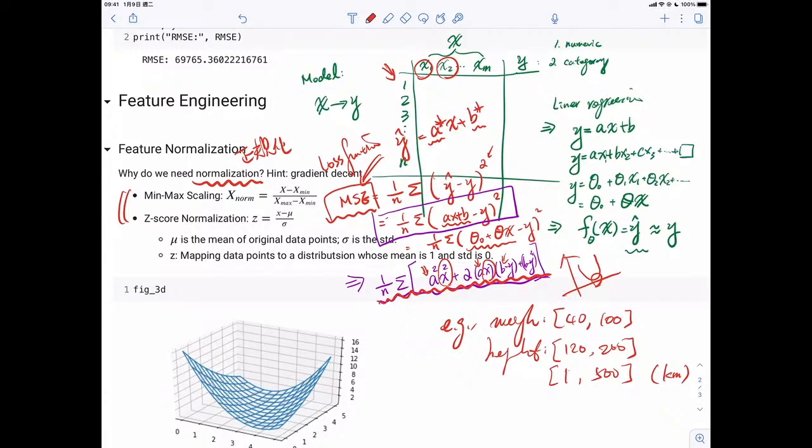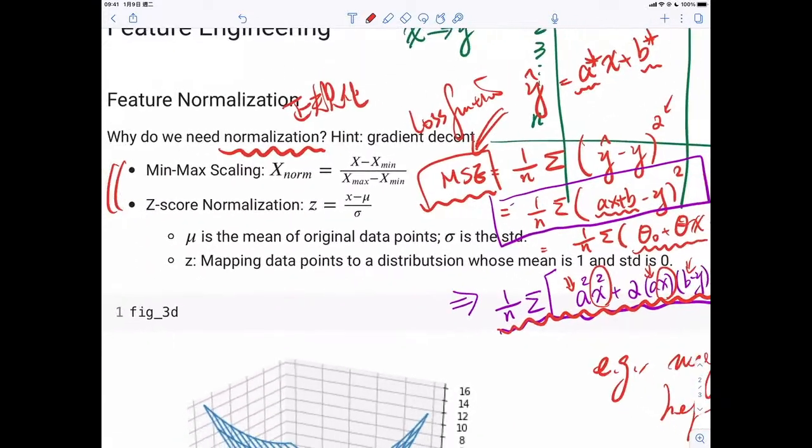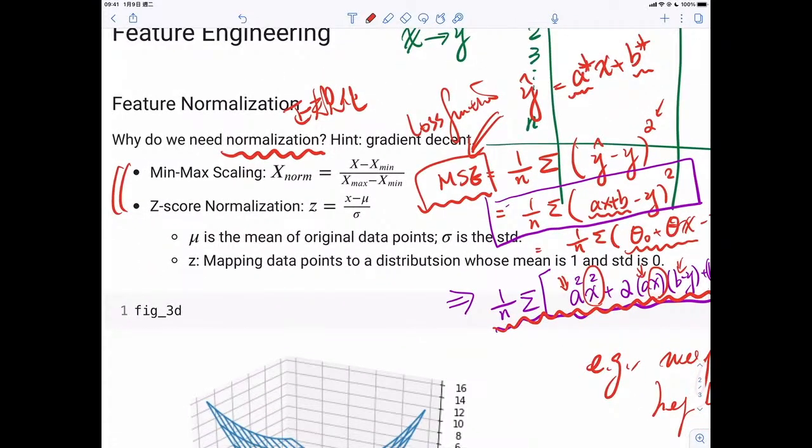Before you do that, make sure you do normalization on your data. One way is min-max scaling. Here's the original X you use.